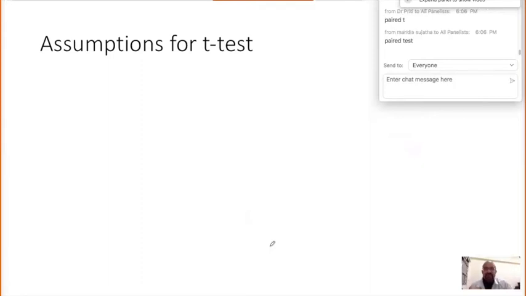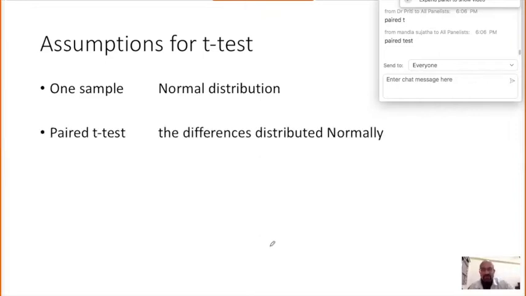There are certain assumptions that are made for the t-test. Let's look at them. When we are using the one sample t-test, we believe that the distribution of this sample is normal. And unless this assumption is true, then our test becomes invalid. When we are using paired t-test, we believe that the differences are distributed normally.